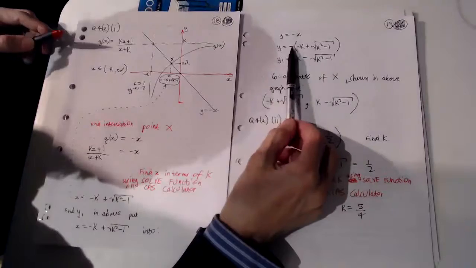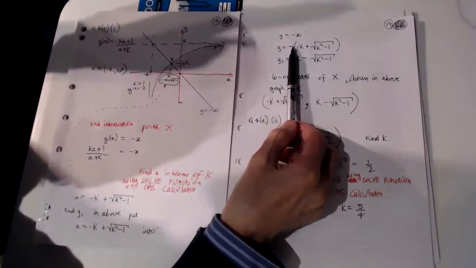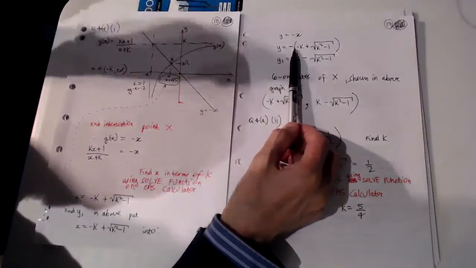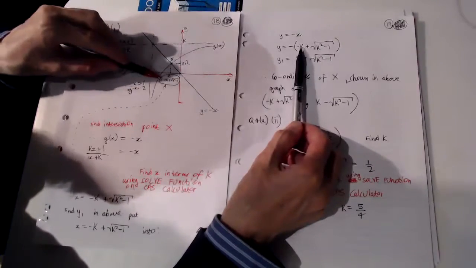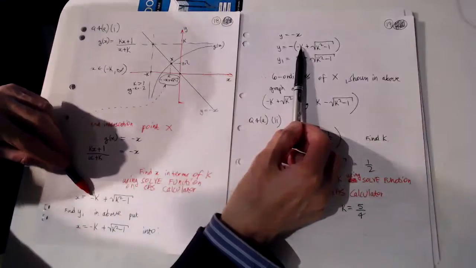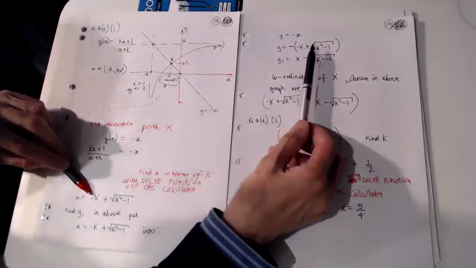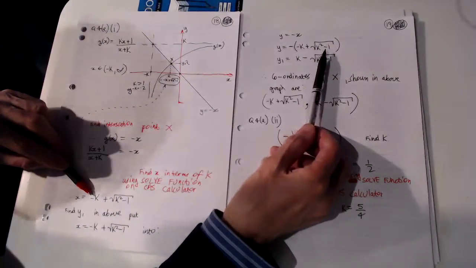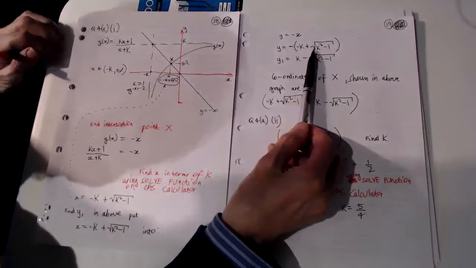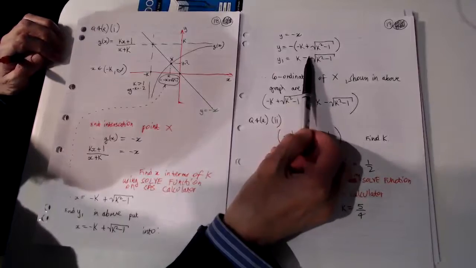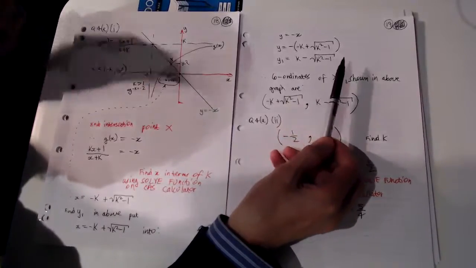So y equals negative. Every time there's a negative, please form the habit of putting in the brackets so as to reduce the chance of making an error. And x, like we just saw, was equal to negative k plus square root of k squared minus 1, close brackets. And therefore, negative times everything inside the brackets, we get k minus square root of k squared minus 1.